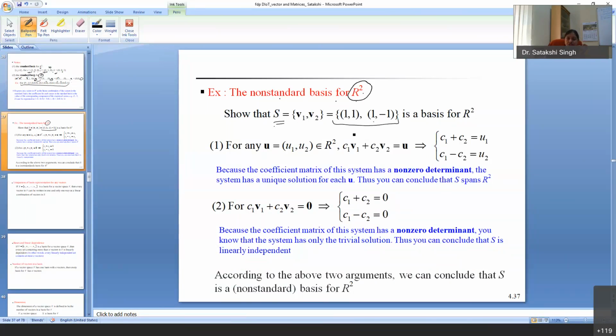For that, you have to check whether this set of vectors spans R2, and also whether this set of vectors is linearly independent or not. So there are two conditions to be checked: whether S is a spanning set for R2 and whether S is linearly independent. If these two conditions are satisfied, then we will say that this set of vectors S spans the vector space R2, so this is a basis for R2 also.